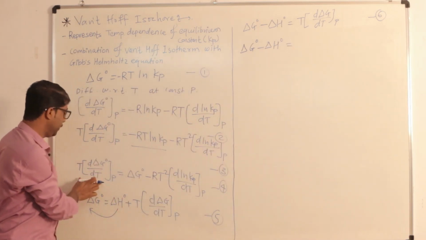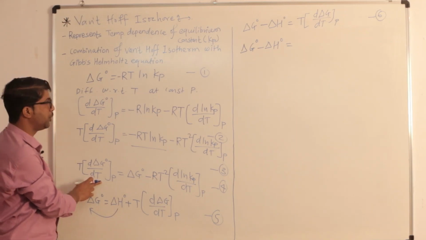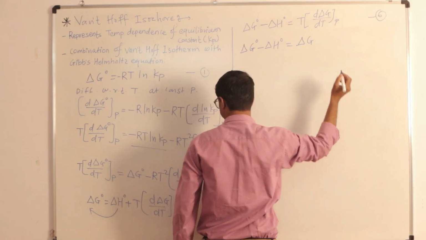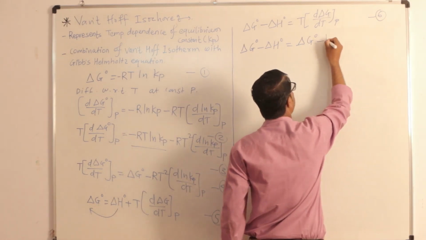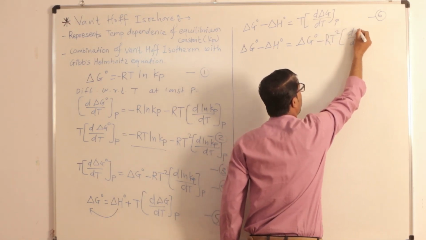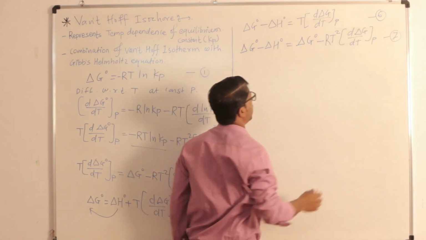This term is delta G0 minus delta H0, which is equal to the RHS as it is, delta G0 minus RT square d by dT of ln Kp at constant pressure. This is equation number 7.